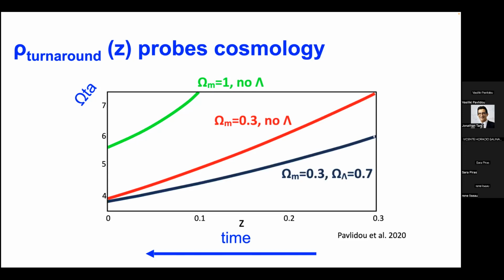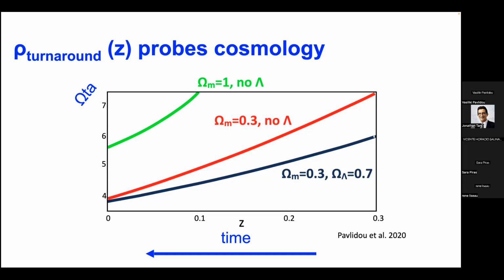And then if you have lambda to the extent we think we do today, you're going to start about the same place, because here you mostly depend on omega matter today, and you're going to rise very slowly compared to all the other cases as you go back in time. The reason being you have entered that flattening off region we said before, it's trying to become independent of time. So if you're looking at yesterday, the day before yesterday, the day before that, it should grow, but it should grow much more slowly. That's the idea.